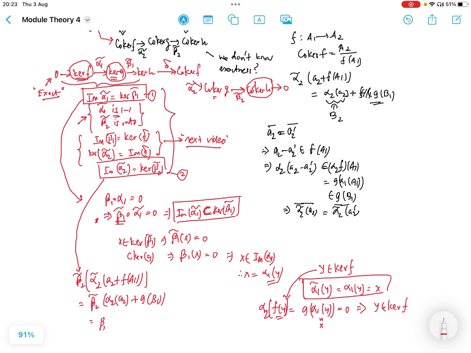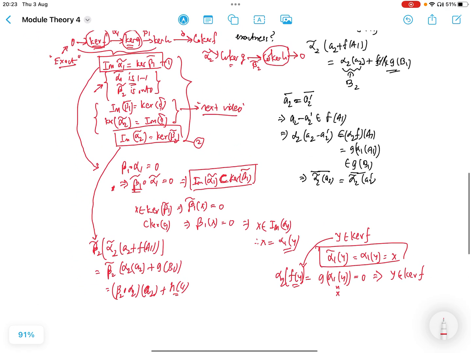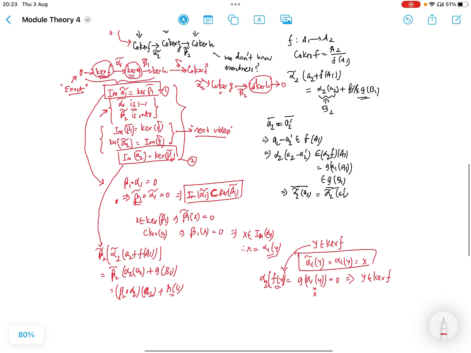And this is the same as applying beta 2 to the first element, which is alpha 2 of A2, and then you will go into h of C1, right? Because beta 2 tilde is a map from the co-kernel of g to the co-kernel of h. So this is the image of h. And as I said, the second row was chosen to be exact.